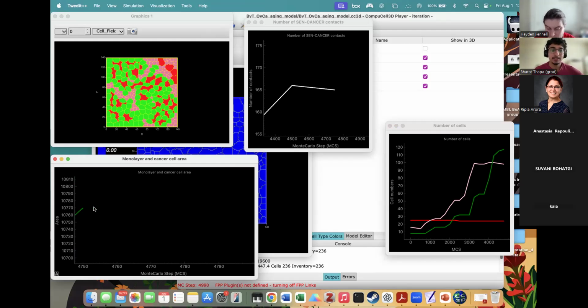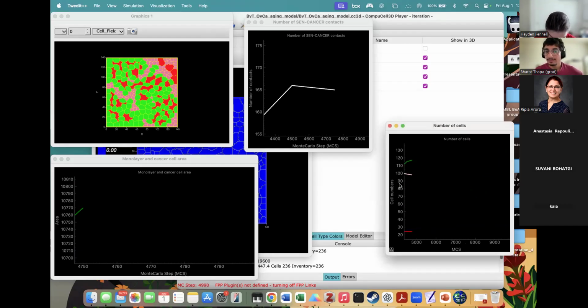Maybe 10770. And for the cancer cell number, I'll take this reading, 117. And senescent number below, 24. And I'll write those down or put them in an Excel sheet so that we can compare between models.